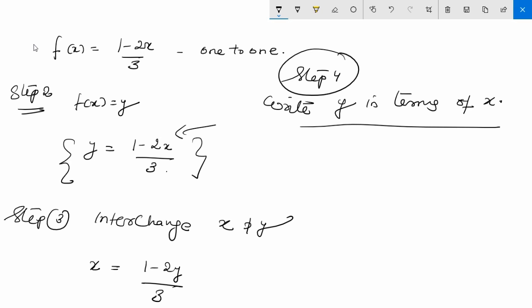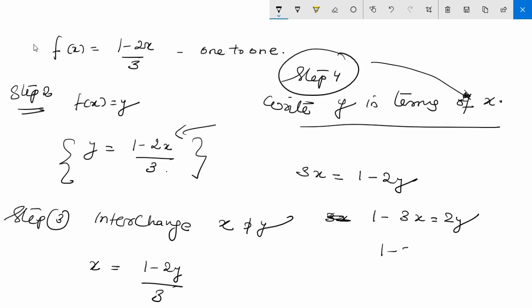When you write y in terms of x, you get 3x equals 1 minus 2y, or 1 minus 3x equals 2y, and 1 minus 3x divided by 2 equals y.